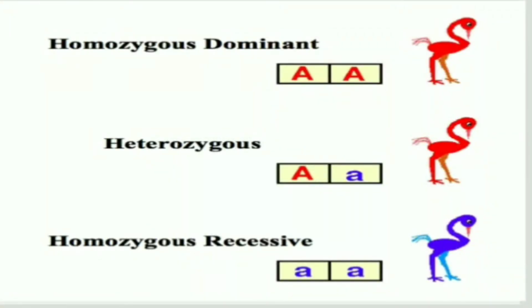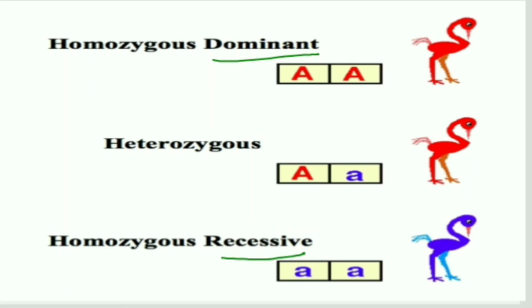Now let us explain phenotype by using an example of the color of a bird. As we discussed earlier, we know that homozygous is of two types, that is dominant and recessive.